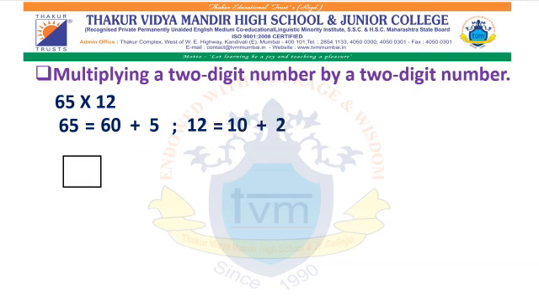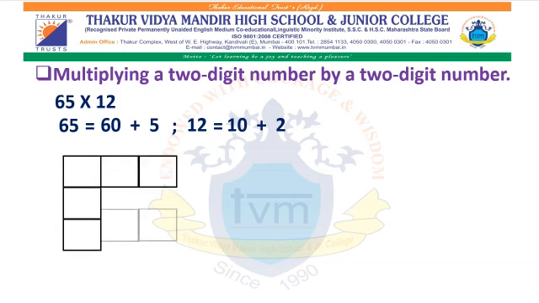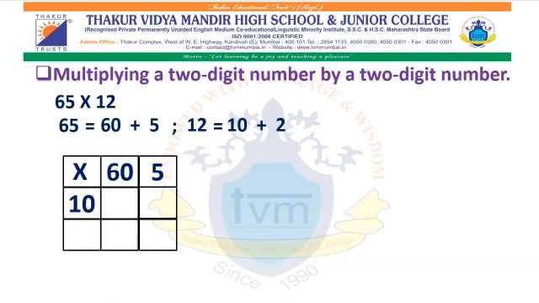Now, frame the structure based on the numbers given. The structure is ready. Now, let us put the numbers. First, the multiplication sign in the left hand side top corner. Then, the expanded form of the multiplicand. In the vertical pattern, you are going to put the expanded form of the multiplier.